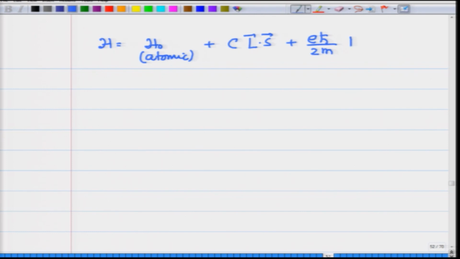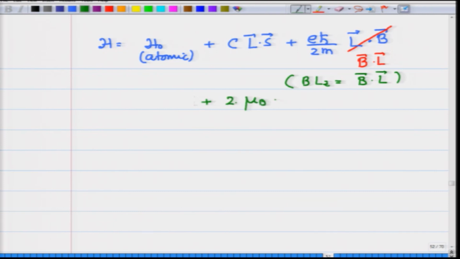Since I am summing over all i, it becomes the capital L dot B. I should actually write this as B dot L, because L is operating on something on the right, and what I have done here, let me explain, is that I have written B L z as equal to B dot L, because B is in the z direction, and then I have plus 2 mu B S dot B, and the final term plus e square over 2m A square summed over all the electrons.